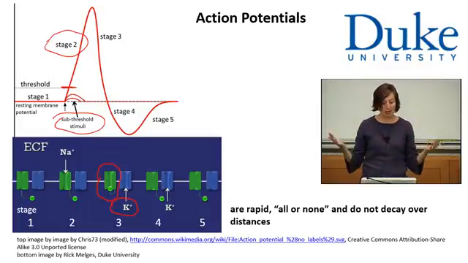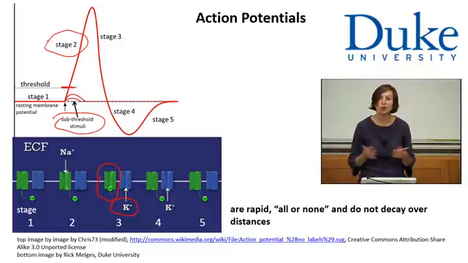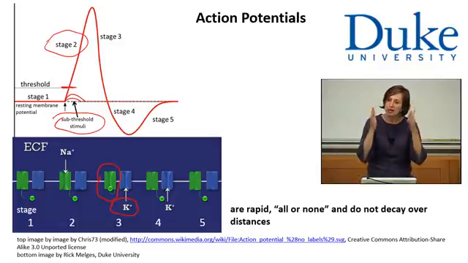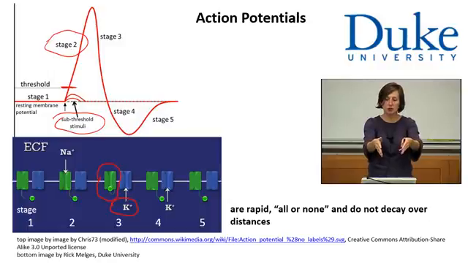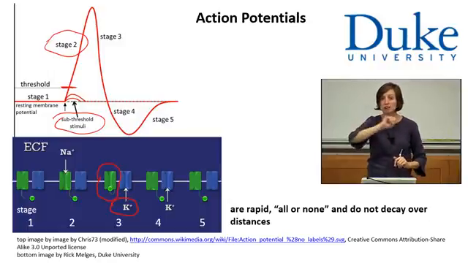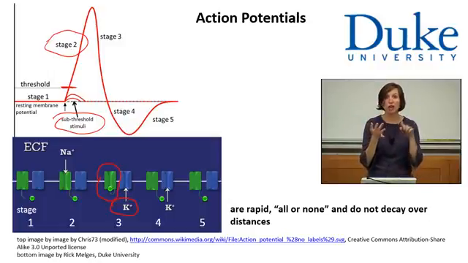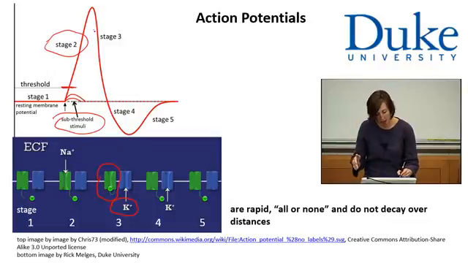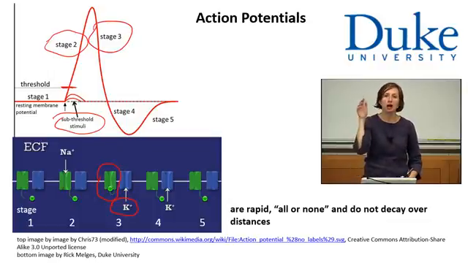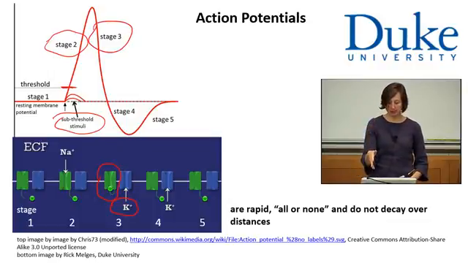So if we've got only potassium channels open, then membrane potential is going to head towards the equilibrium potential for potassium. Those potassiums are going to rush out of the cell based on both the chemical and electrical gradient at this point. And so we're going to have a big repolarization of the membrane in stage 3.